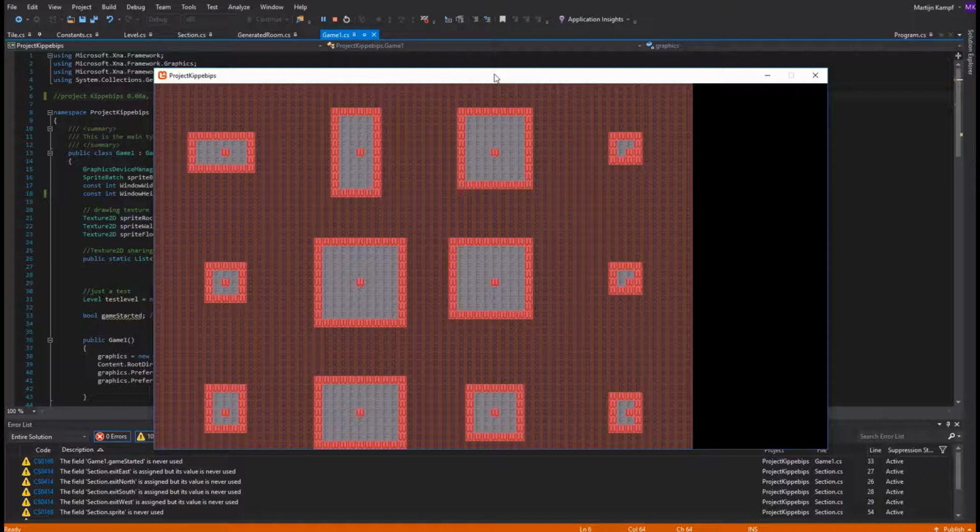I'm going to make multi-level options with staircases to new levels. Obviously, the graphics are going to be different depending on what level you are in. I'm pretty ambitious with regards to what I want to do. I would feel really cool if I could make the walls actually face the floor tiles that you're looking at. So basically, if you have a floor tile and there's a wall next to it, on the west side, for instance, or on the east side specifically, it will have a nice sort of flow from floor into wall.